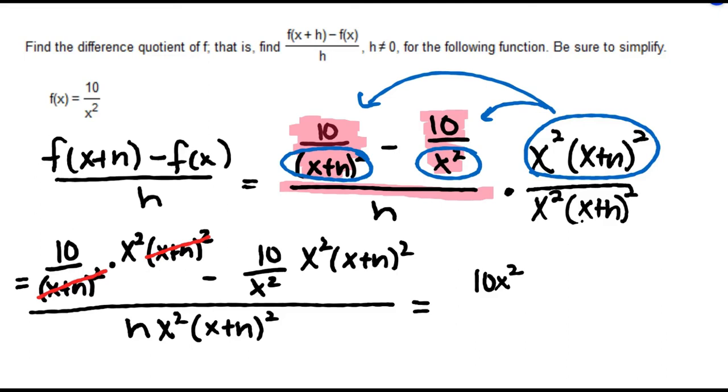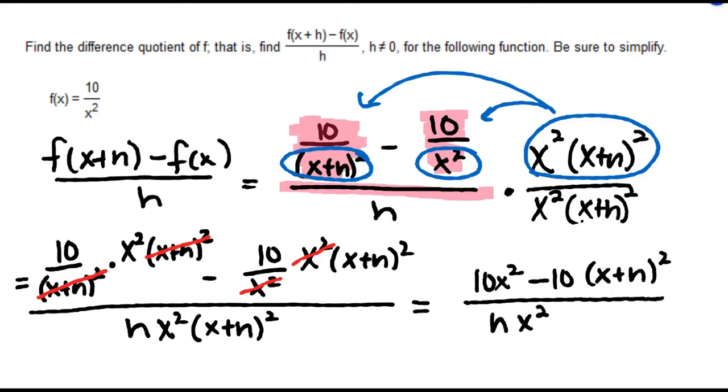In the second term, we have a denominator of x squared, which cancels with the x squared, and we're left with minus 10 times x plus h squared. And that's over that same denominator that we had earlier, h times x squared times x plus h squared.